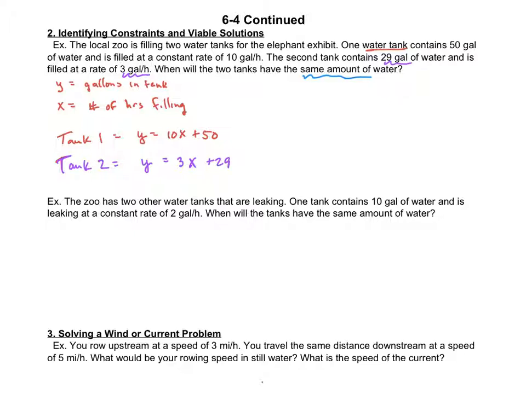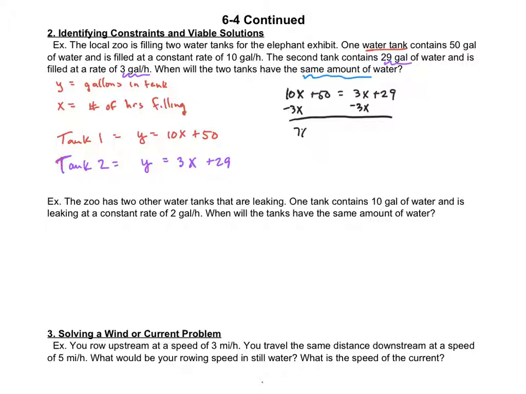So when we go to make those equal to each other, we have one tank, 10x plus 50, is equal to our other tank, because they're going to have the same amount. There we go.